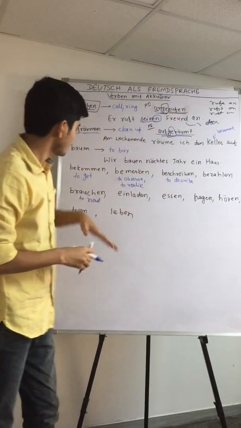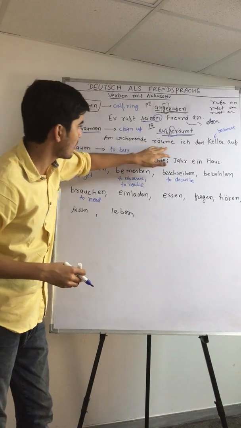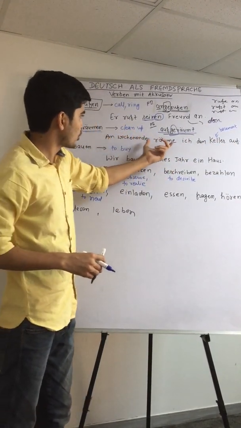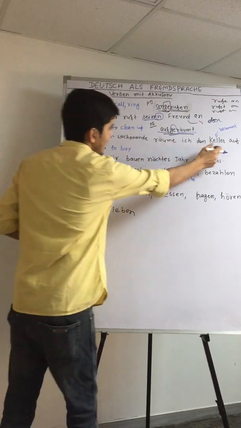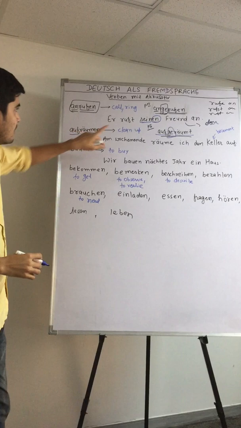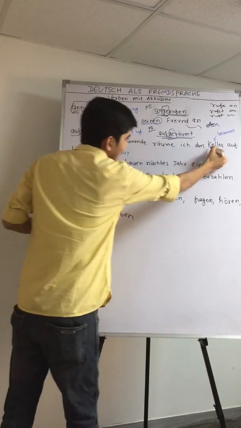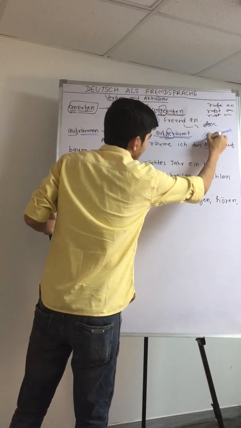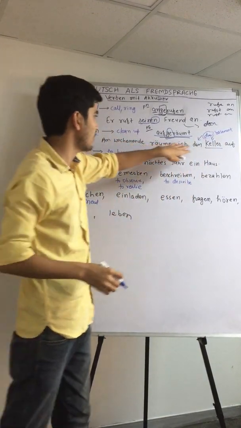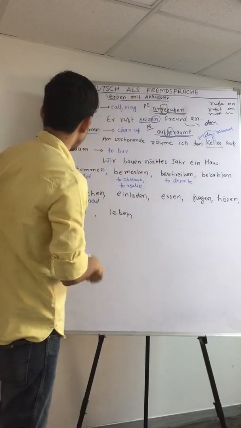Am Wochenende räume ich den Keller auf. Here in this sentence, because aufräumen demands the accusative case, Keller is der Keller, and in the accusative der changes to den. That's why: am Wochenende räume ich den Keller auf.